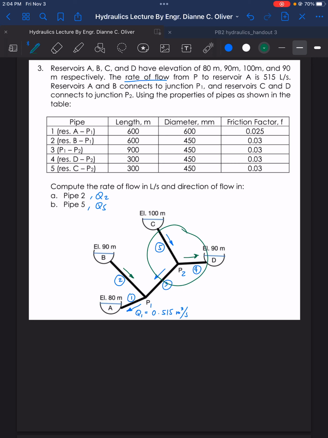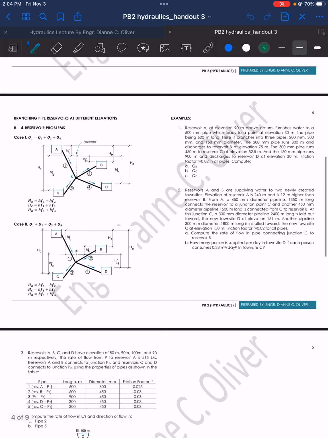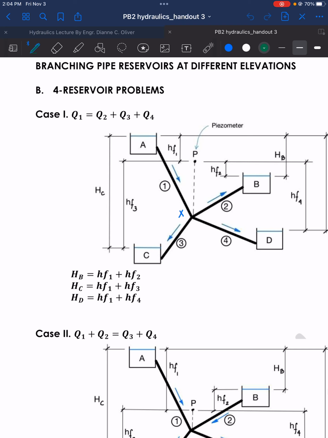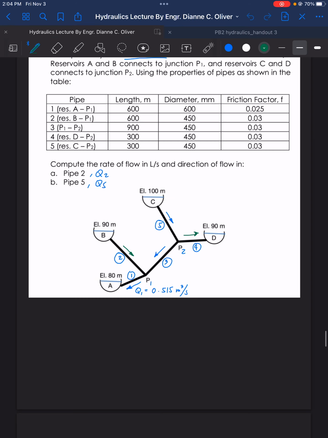So what case is this? That will be case number 1, wherein the piezometer reading is higher than elevation of B. So piezometer reading here will be higher than B. Let's use black. So let's put P here.